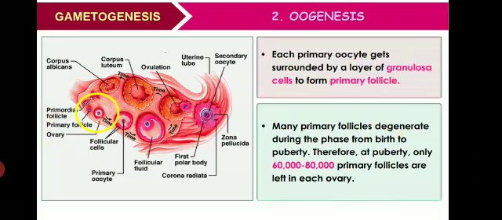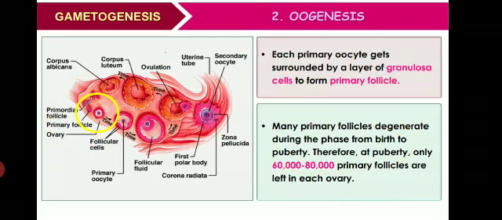Many primary follicles degenerate, that is, of the millions of primary follicles formed during the fetal stage. In the fetal stage they will undergo degeneration, and from birth to puberty they keep degenerating.